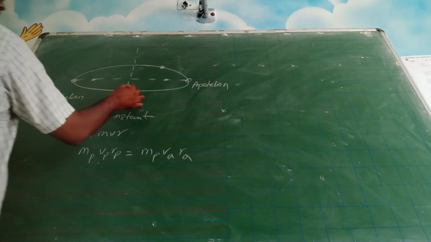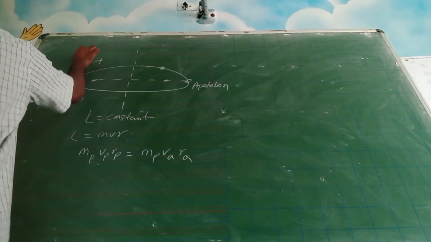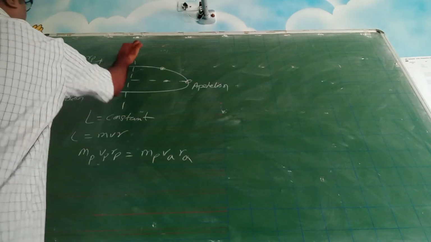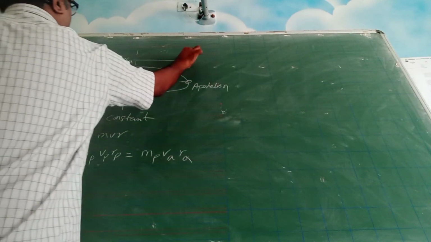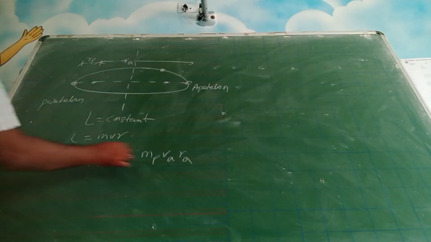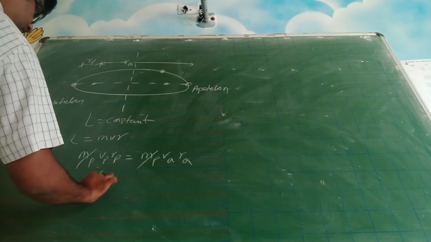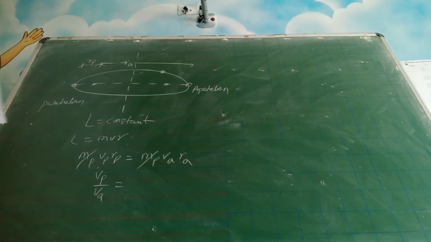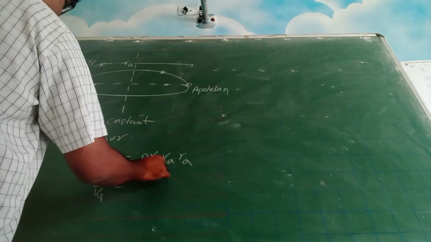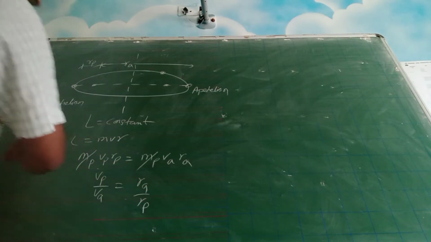Now what do I mean by RA and RP? Let us say I call this distance RP and this distance RA. The mass of the planet will always be the same, so you can write VP by VA is equal to RA by RP.